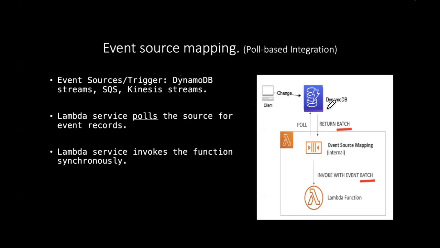So if it's polling and there's nothing there, you're not charged for that. Although I'd have to read the detail on that to be absolutely certain about it. But the upfront thing we're always told is you're charged per execution of your Lambda function. So I'm assuming that you're not charged for the polling.